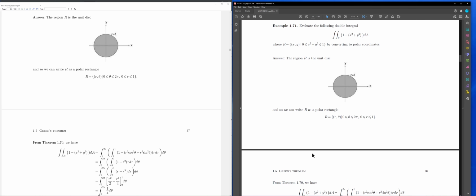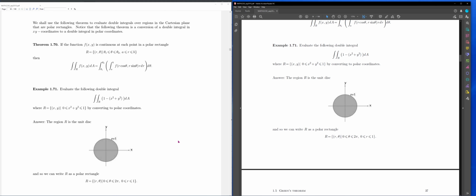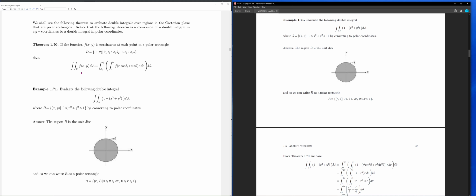Now that you have that, you're going to use your formula for conversion to polar coordinates. So I use this formula over here to convert my double integral into polar coordinates. What is this saying?